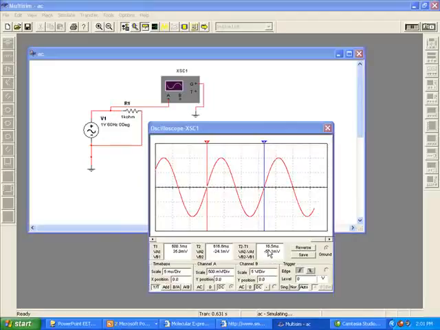But 16.6 would be the time of one cycle. If you take 1 divided by 60, you'll get 16.6 milliseconds, and that is the time of one cycle. And remember that in AC, in one cycle, half the cycle the voltage goes positive, half the cycle it goes negative. It does this 60 times per second.